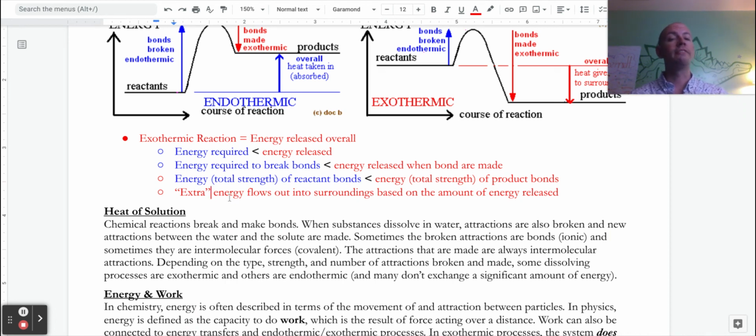For both, we follow the same idea that we are breaking things apart, we are putting things together, and we have an in and an out in terms of the flow, and we can see which one is greater and compare those as well. We'll notice that a lot of things, when they dissolve, don't get very hot or very cold because we have a very similar energy in both directions.